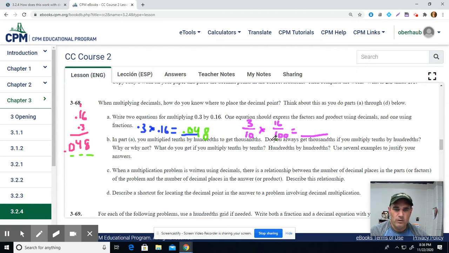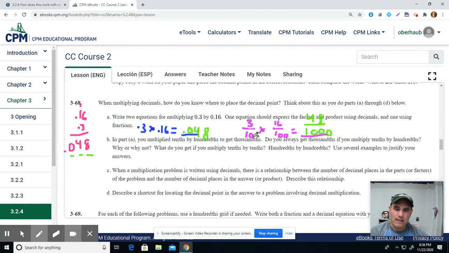Excuse my bad writing, but that is 48 thousandths. Now, if I were to do this with fractions, 3 times 16 is 48, so that would be 48 on top over 10 times 100. Well, 10 times 100 is 1,000, and that's 3 decimal places. Notice what we get: 48 thousandths. Same thing we had here. So notice how these two are related.